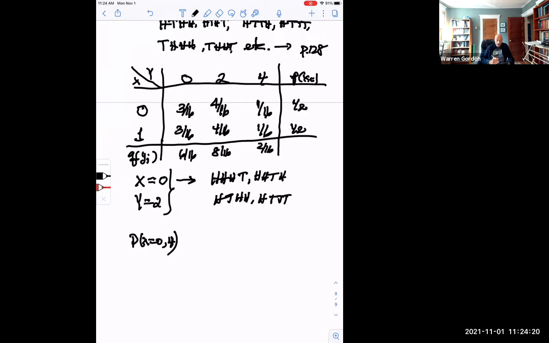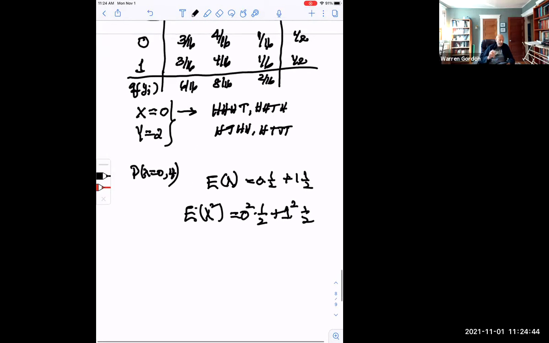For example, E of X is easy to get. It's 0 times a half plus 1 times a half. E of X squared, if I wanted to find that, would be 0 squared times a half plus 1 squared times a half, and so on.